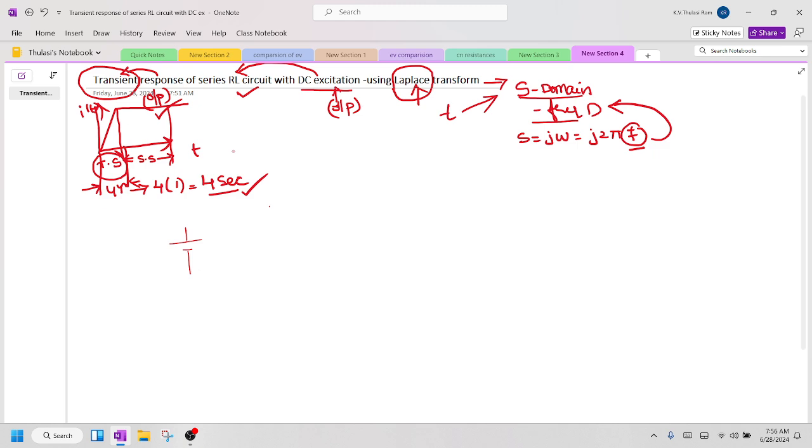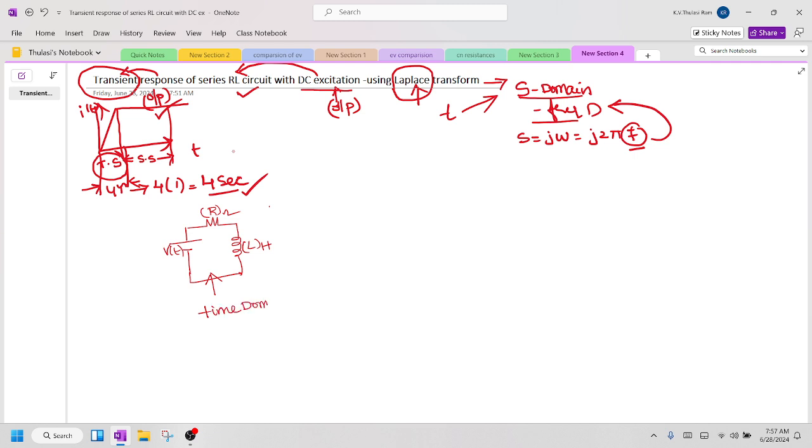This DC excitation is given to a resistor as well as an inductor. This DC excitation I'm going to call V volts, this is resistor R ohms, and this is inductor L in henries. So this is all in terms of time domain.